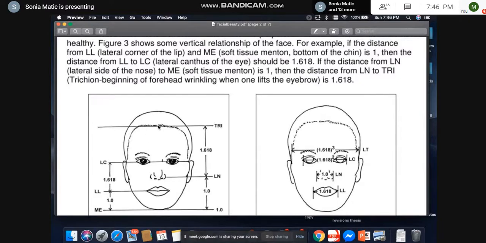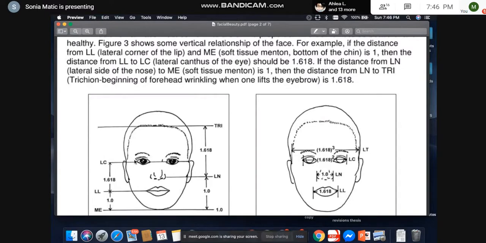So this, 1.618 up to here. This one, from here, is 1, for proportion. Same goes here. If 1 is from the corner of the lips to menton, okay?